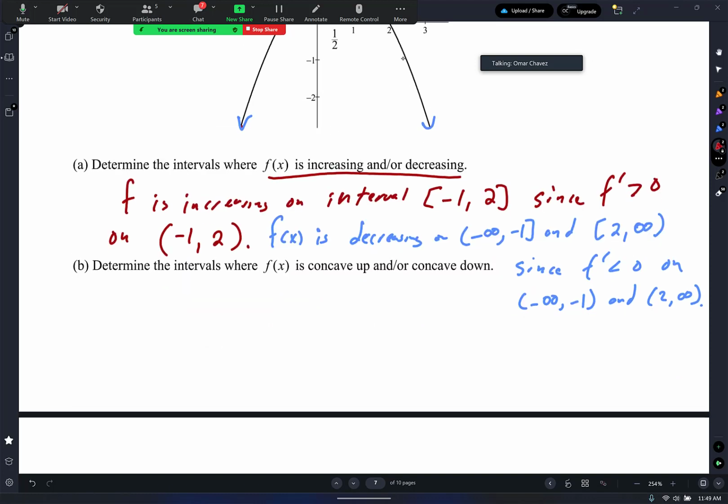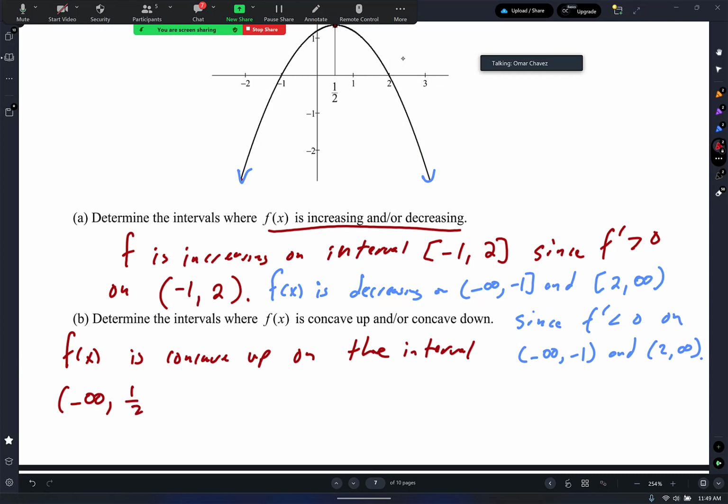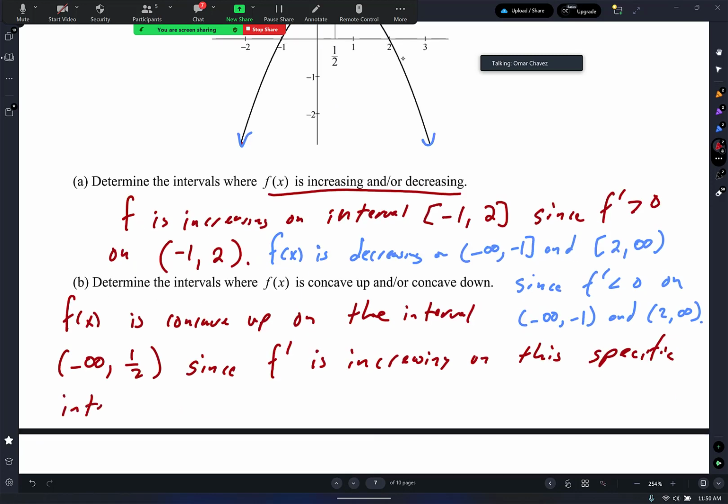So I'm going to say f of x is concave up on the interval -infinity, comma, all the way to 1/2. Use parentheses on this, since f prime is increasing on this specific interval.